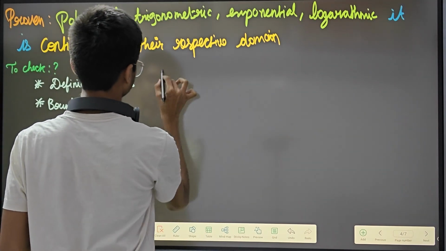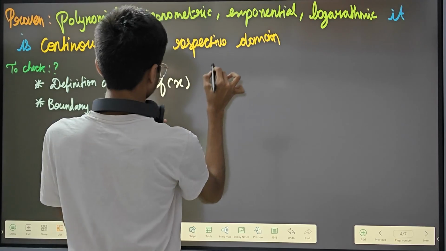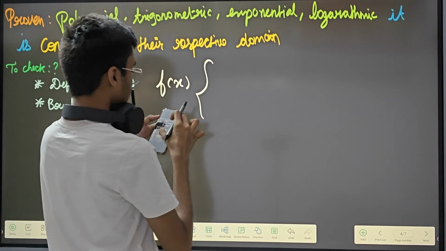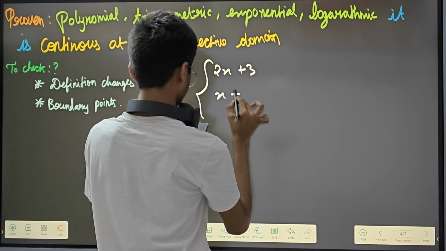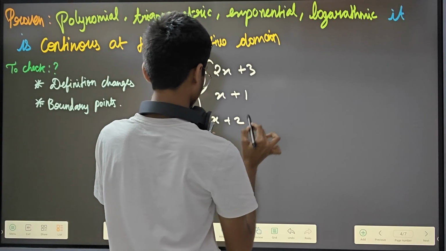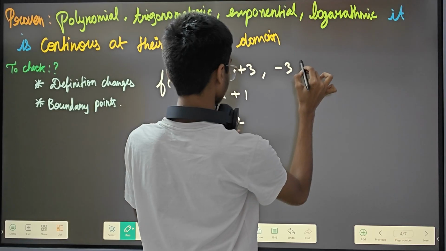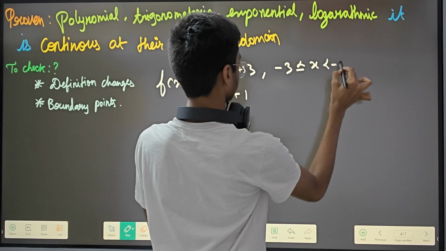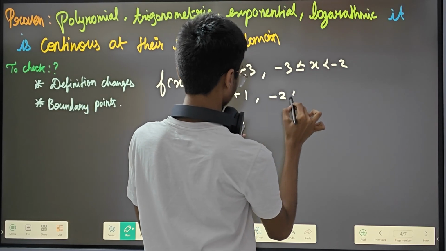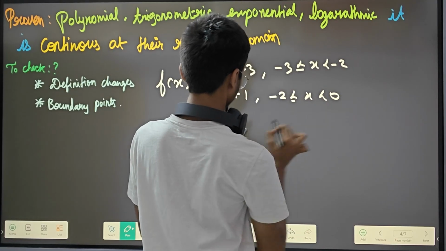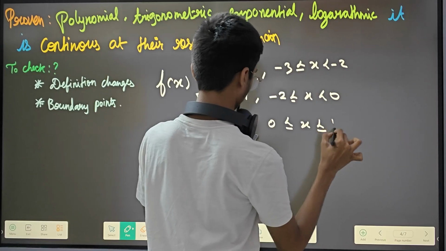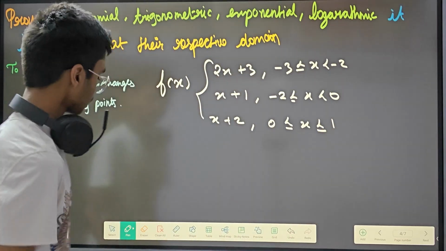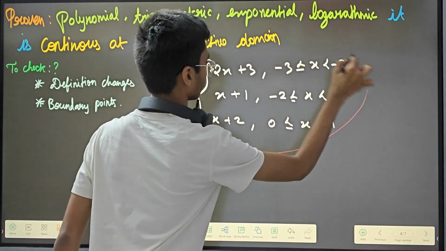So f of x, you have three piecewise functions, which are 2x plus 3, x plus 1, x plus 2. You can check. This is the question, okay.